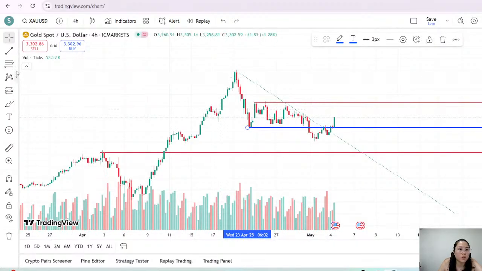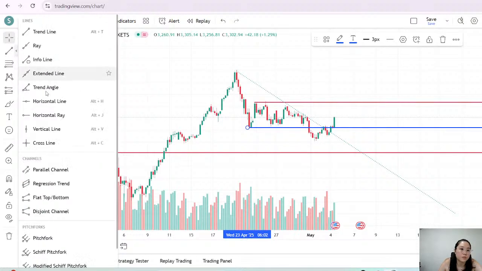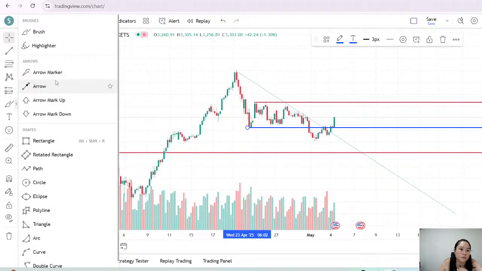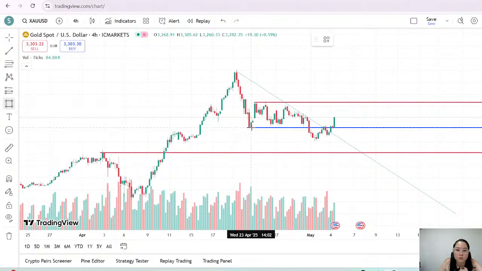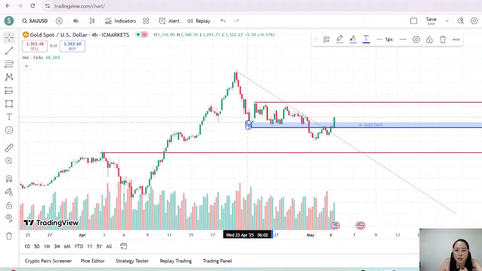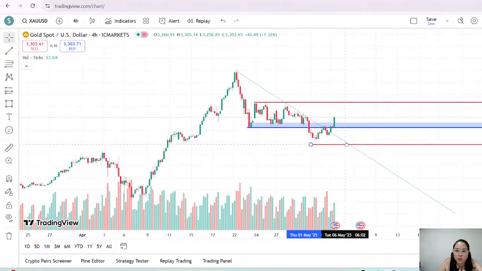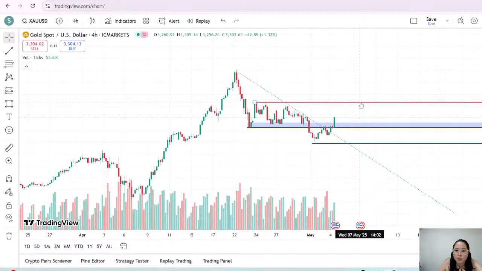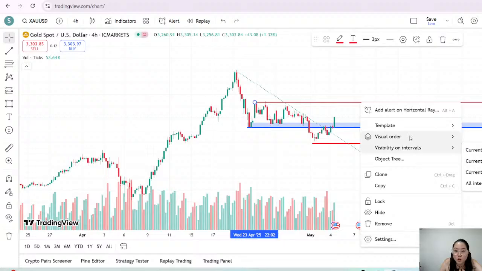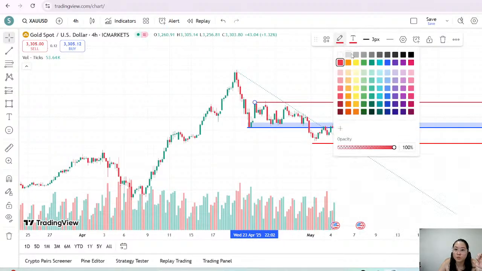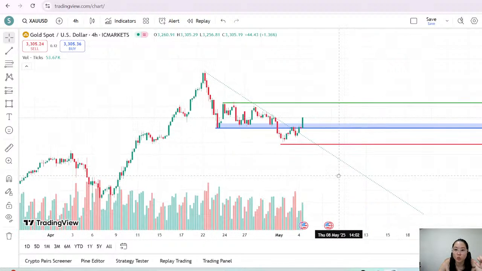Okay, so this area could be it. I'm just going to highlight this area here. This is too big of a stop loss because I already moved the entry up. This can be your next stop loss, and this can be your take profit. I'm just doing a very, very rough analysis, and then we can break it down in a while, okay?